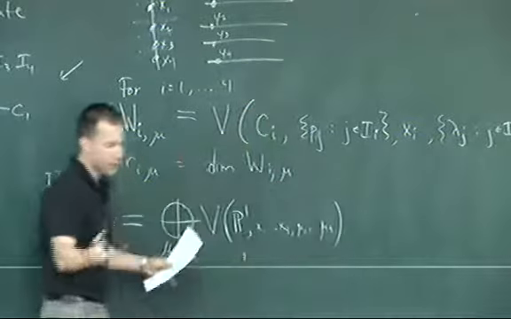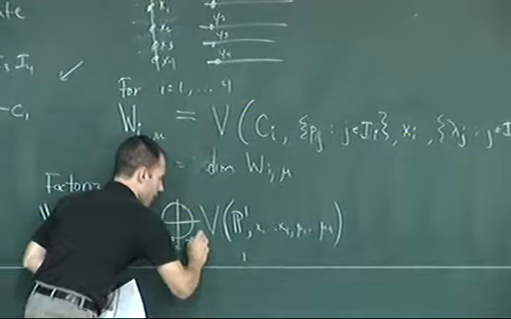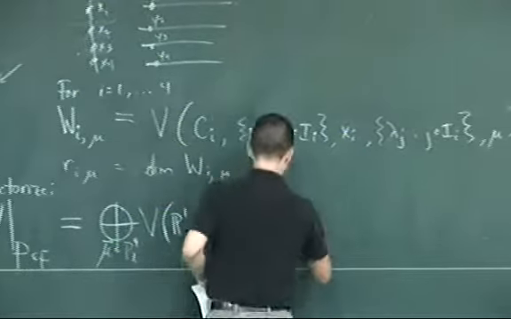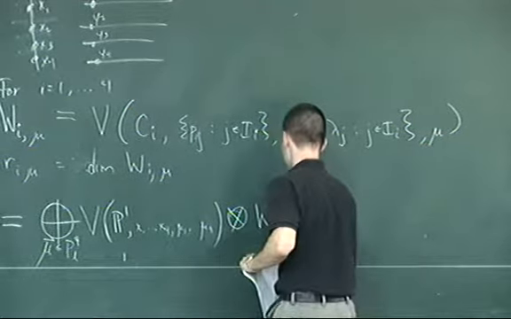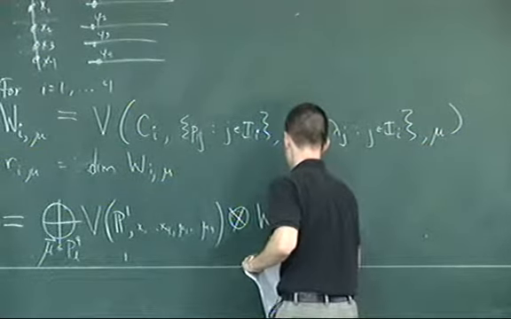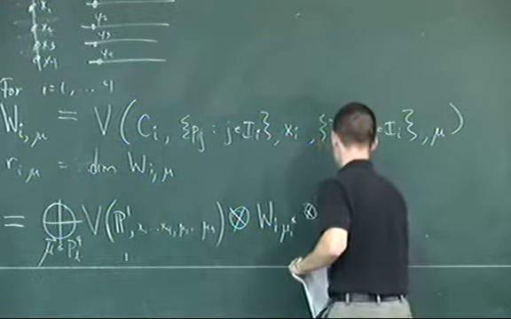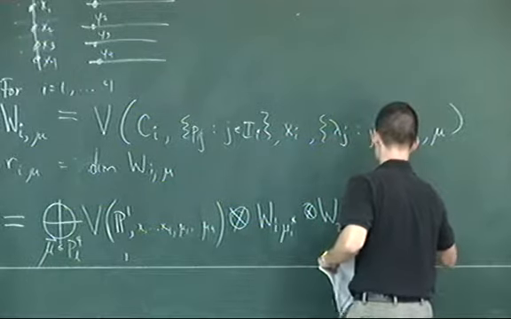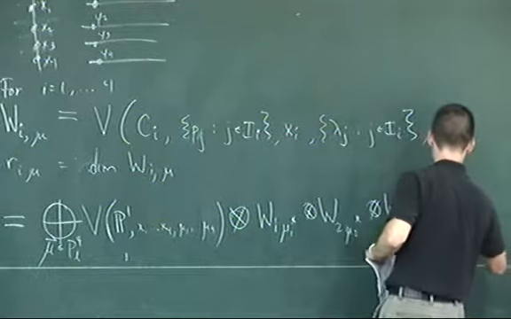Sorry, I'm going to factorize 4 times, right? So I can actually choose 4 attaching weights, okay? And then each time I'm just tensoring with these vector spaces coming from the tails. So I have W1 mu1 star, W2 mu2 star, W3 mu3 star, and W4 mu4 star.